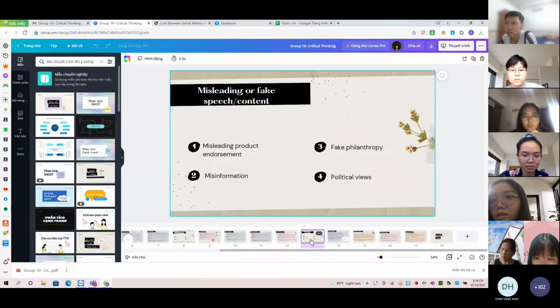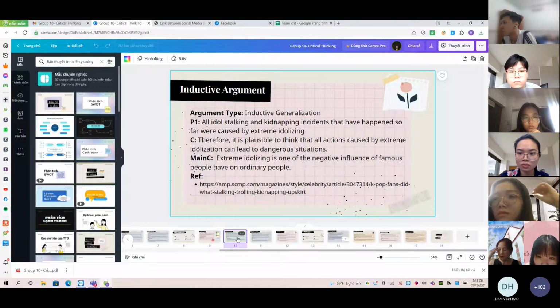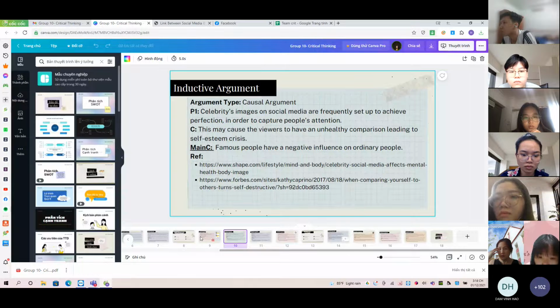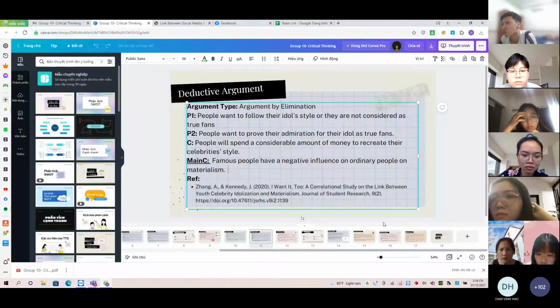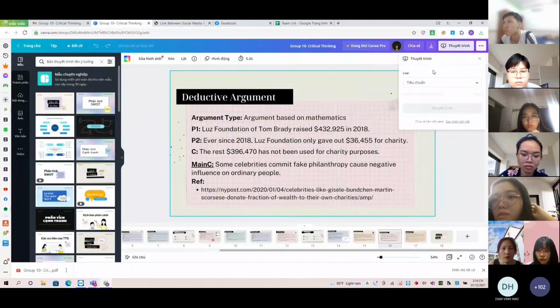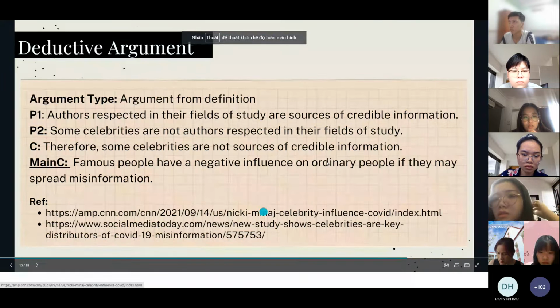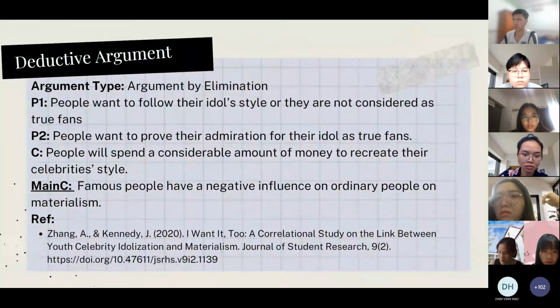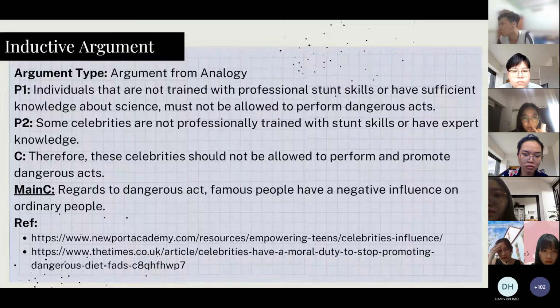Very good comment. Can you give me the slide so I can explain it a bit more? Yeah, turn to the statistical argument. Up one slide. Oh, no, this is elimination. Go up, not down. Statistical is argument number 4, I mean slide number 9. I don't know which slide. Just now I saw it.